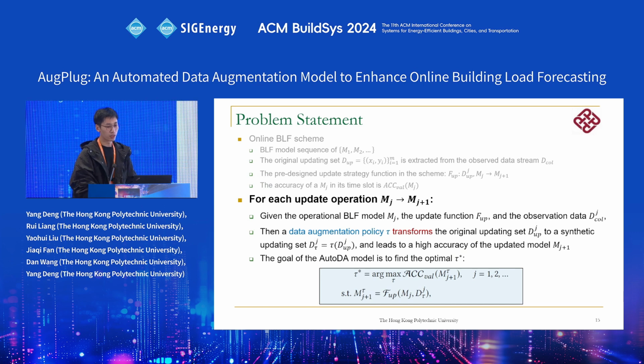For each update, given the current model, the update function and the observation, a policy tau is applied to transform the original updating set to a synthetic updating set that involves potential characteristics of the upcoming data. The goal of AutoDA is to find the optimal strategy.